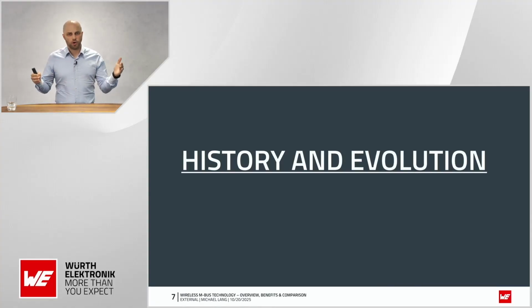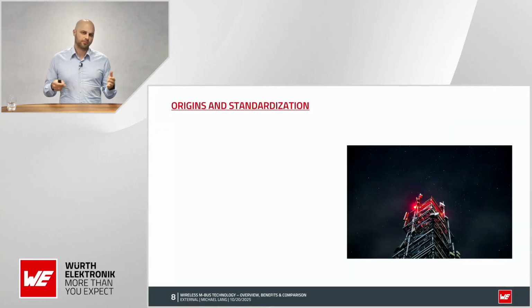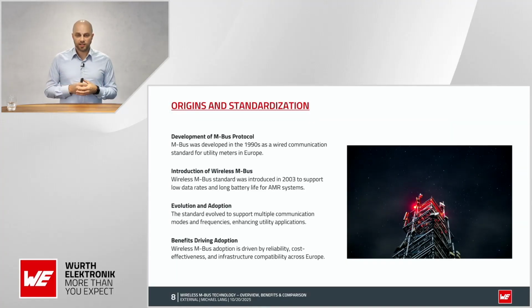So we come to the next point, the history and evolution of wireless M-Bus. How did it come about? In the 1990s, as I already mentioned, there was the M-Bus, the metering bus as it is called completely, a wired communication bus. In the 2000s, wireless M-Bus was introduced as a wireless alternative based on the metering bus, to have a possibility, especially for meters and the needs you have there, to send metering data.